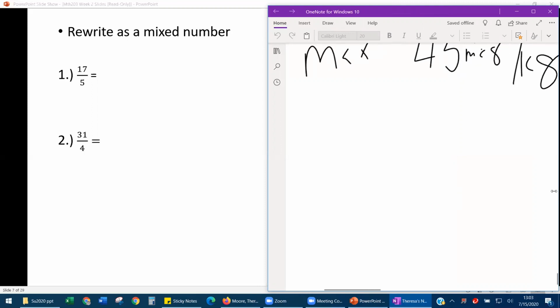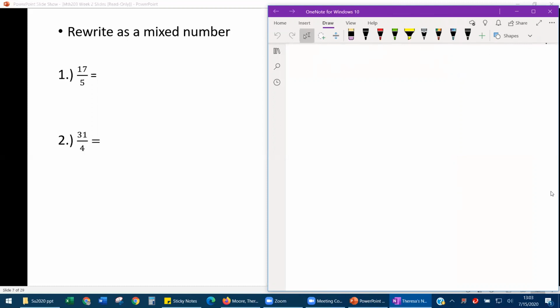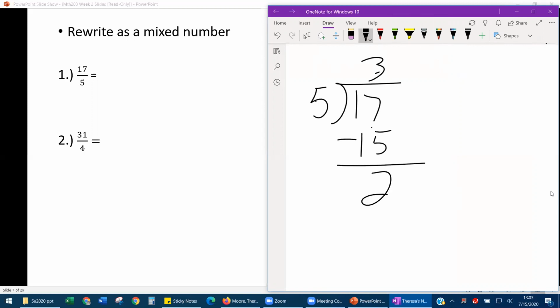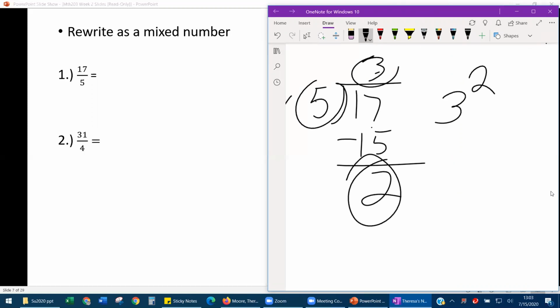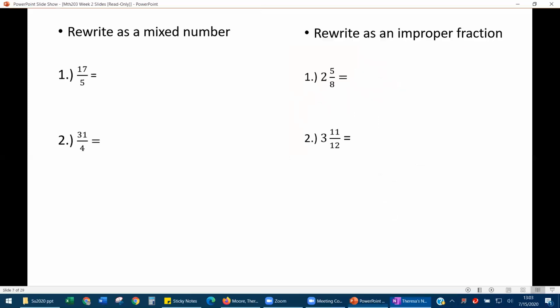So that is 5 going into 17. 5 goes into 17 3 times because 3 times 5 is 15. Subtract, we have a remainder of 2. So that means my whole number is 3, my numerator is 2, and my denominator stays 5. So 17/5 is 3 2/5.